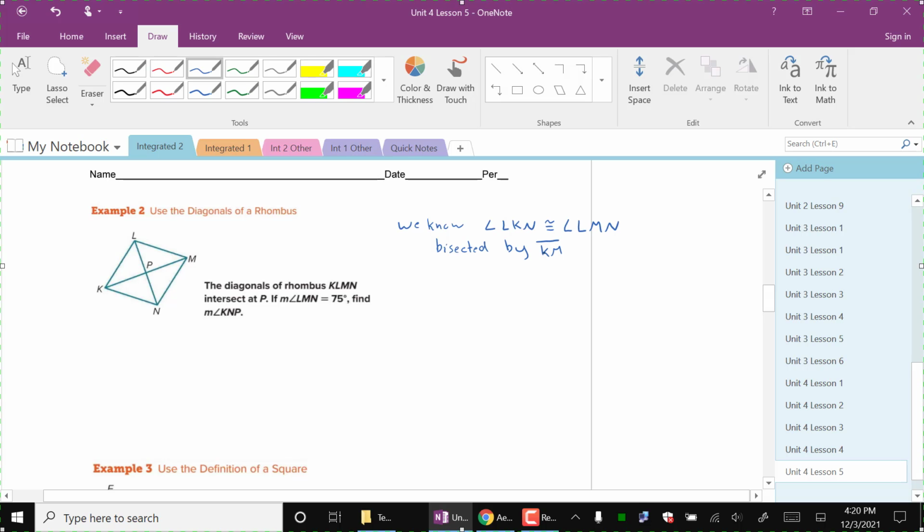Well, how does this help us? Well, remember the bisector formula we had from before. So we know that the measure of angle PKN is going to equal 1/2 the measure of angle LKN.